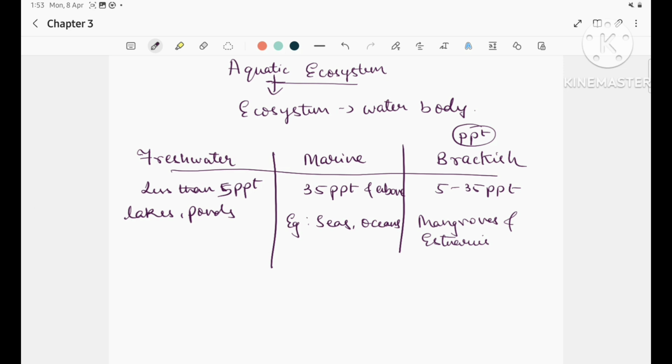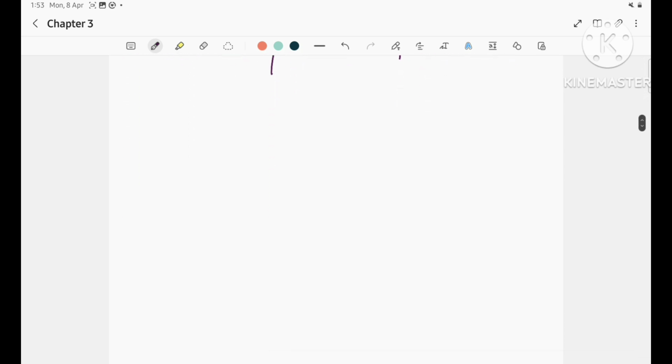There is also a classification for aquatic organisms, which is divided based on the zones of occurrence. Let's see.